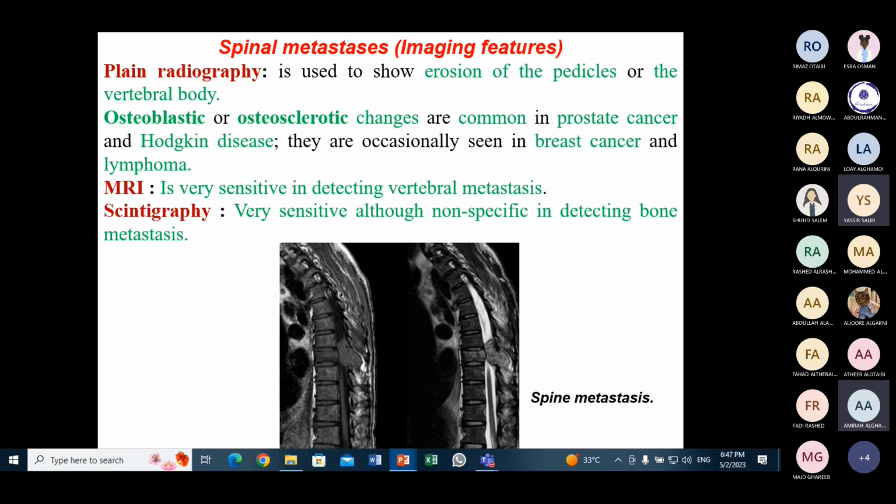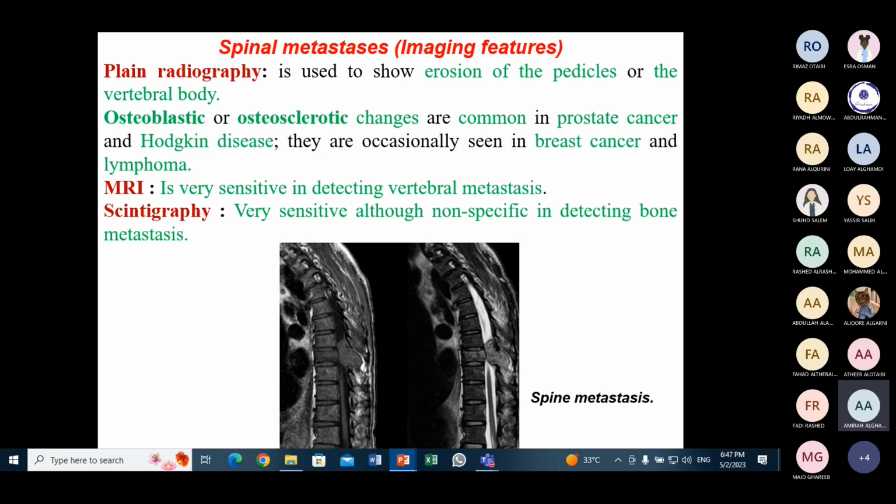In spinal metastasis, plain film is used to demonstrate metastasis to the pedicles. As I always repeat, the spinal pedicles are the favorite site for metastasis, so it can cause erosion of the pedicles of the vertebral body.